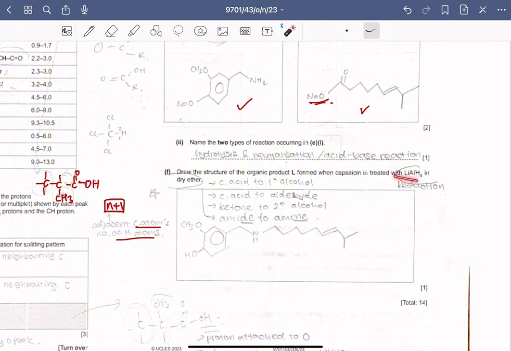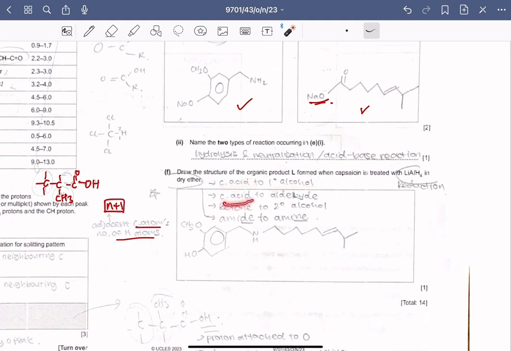Draw the structure of the organic product L formed when capsaicin is treated with LiAlH4 in dry ether, which is a reaction of reduction. LiAlH4 can work to form these reactions in the A-level syllabus. Carboxylic acid can be reduced to primary alcohol.